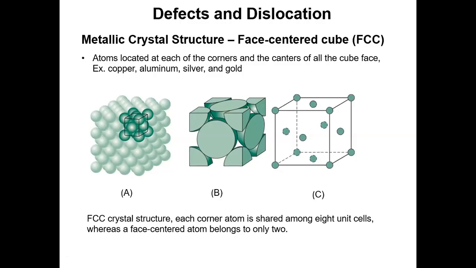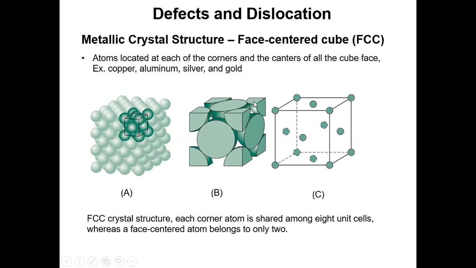In the FCC unit cell, at each corner there are atoms, and also there are atoms in the faces of the cube, because we are talking about cubic structures. A cube has equal side lengths. At each corner there are atoms, and at the faces of the cube, this is a face, this is a face, this is a face.